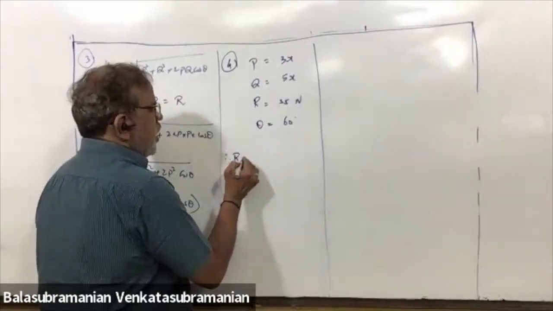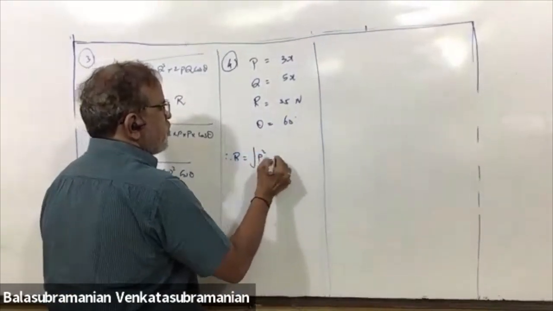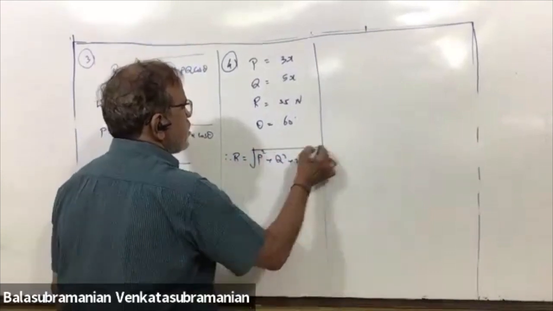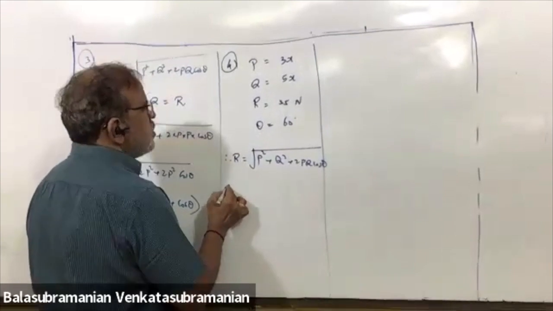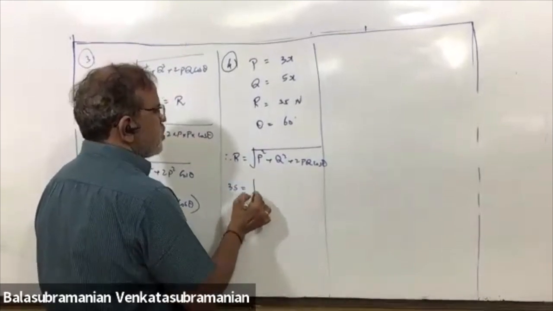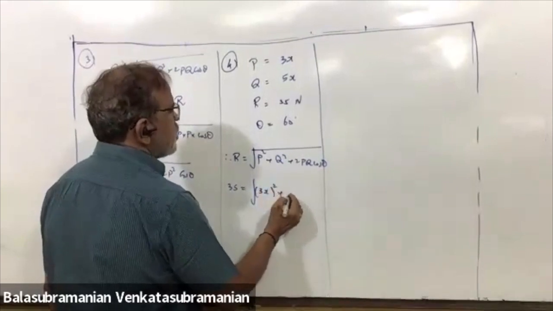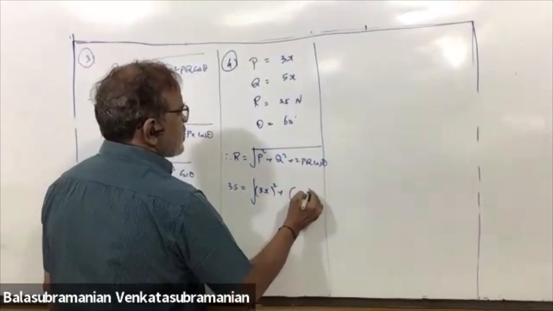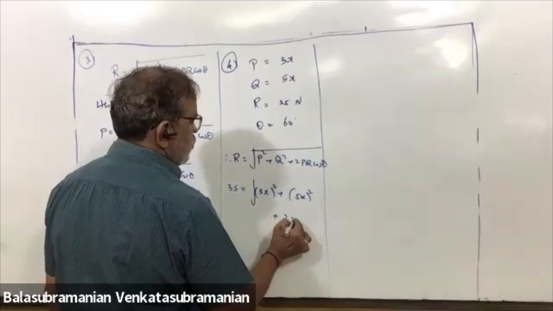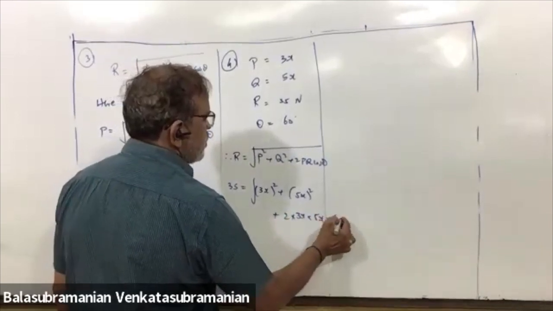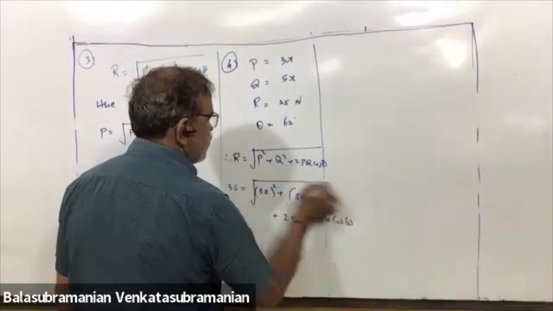Therefore, R is equal to root of P square plus Q square plus 2PQ cos theta.